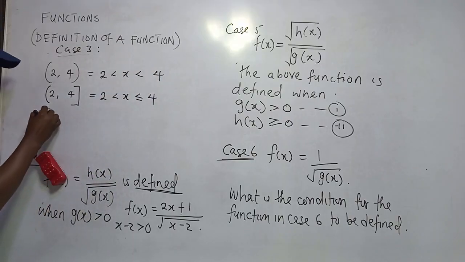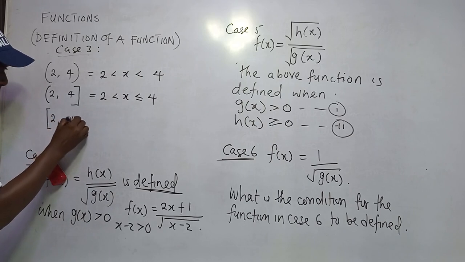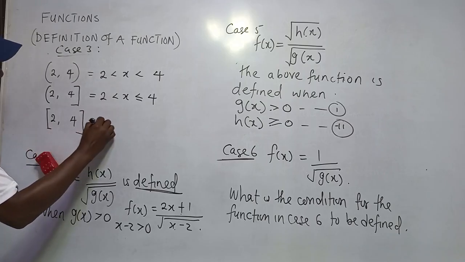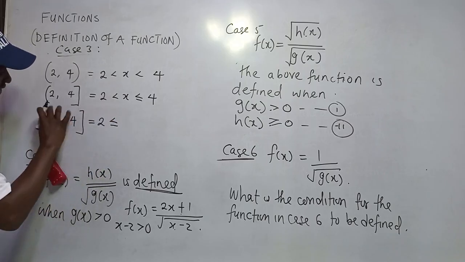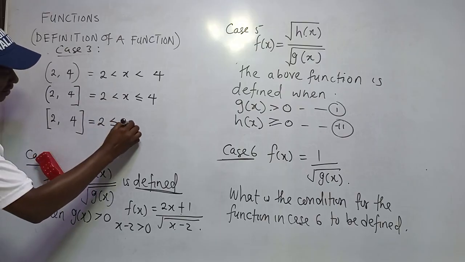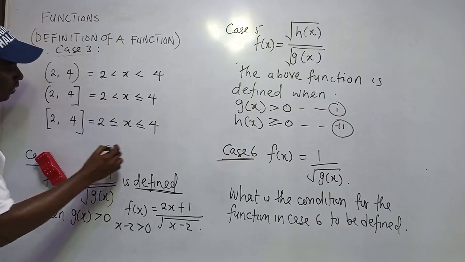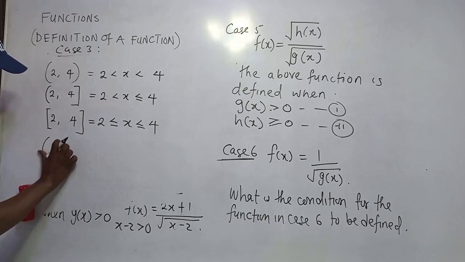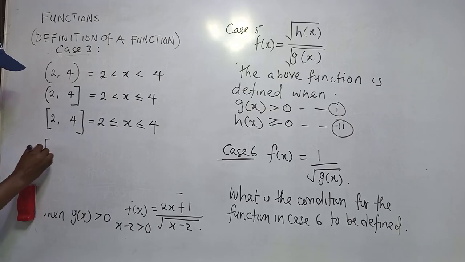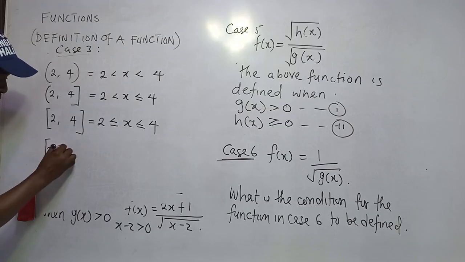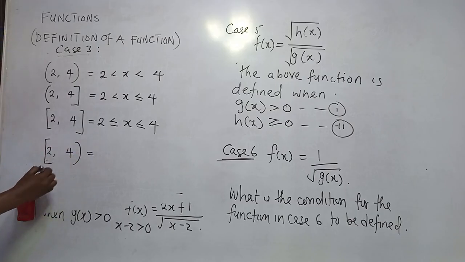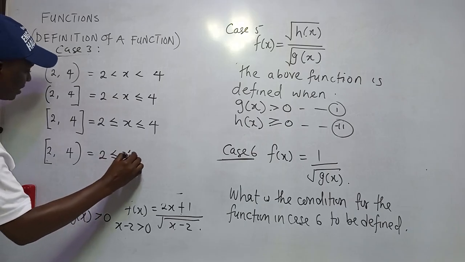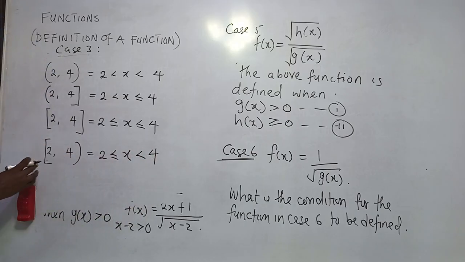So if I give you closed like this, for example, 2,4, it means I want to have 2 less than s, closed on both sides, less than or equal to 4. But if I give you something like this, open, close, half open like this, how do we interpret this one? This one is saying just 2 less than or equal to x less than 4. That's how to interpret it.